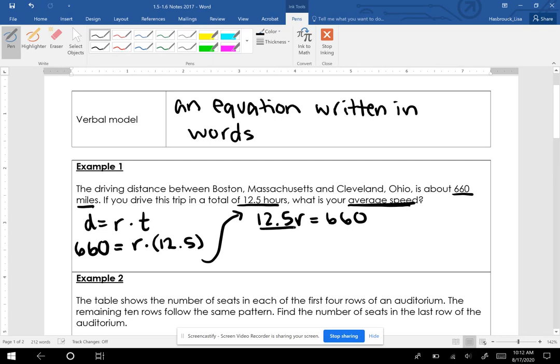To solve, I divide both sides by 12.5. And I get r equal to 52.8 miles per hour. And I know it's miles per hour because we went a distance in miles, that was our units, and the units for time was hours, so it's miles per hour.